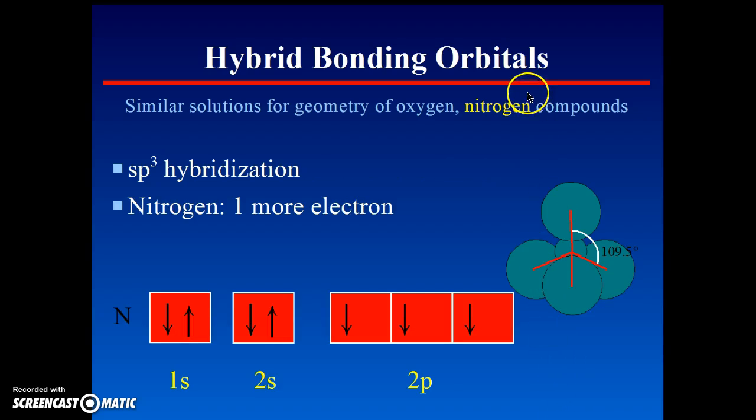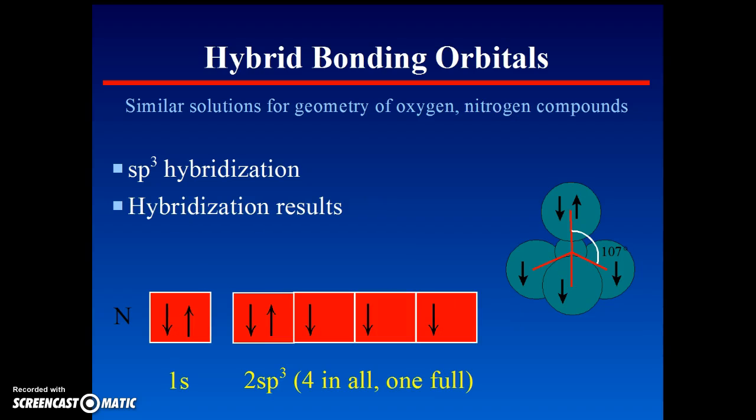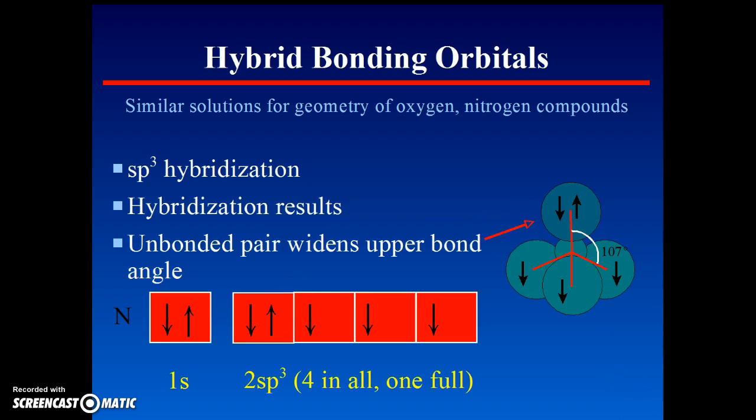Now, let's look at nitrogen compounds. If we postulate sp3 hybridization again, all we need to do is recognize that there is one filled orbital, the 2s orbital. So when we hybridize, we now have 4 sp3 orbitals, but one of them is filled with electrons, as you see in the box and the orbital diagram.